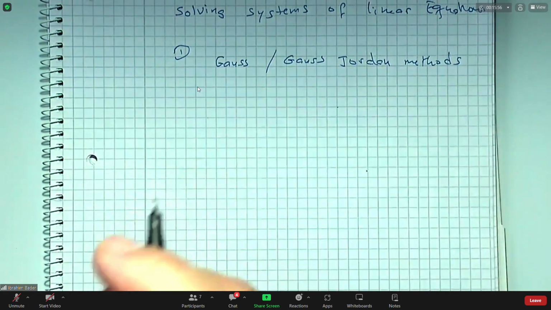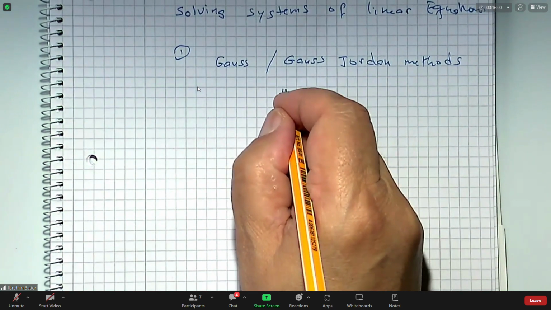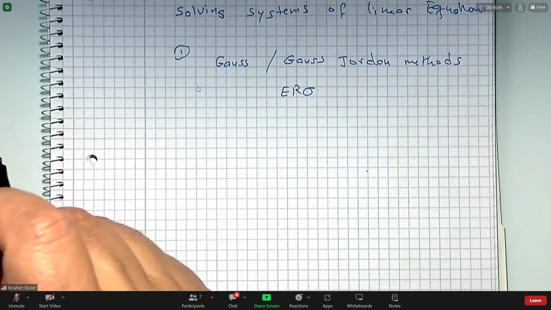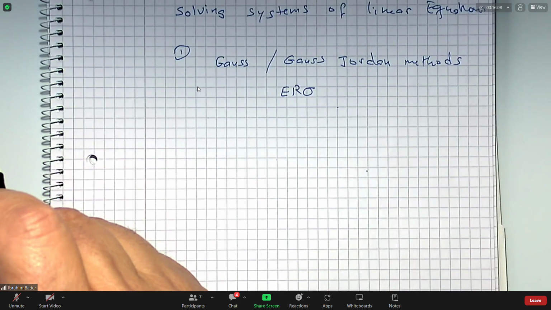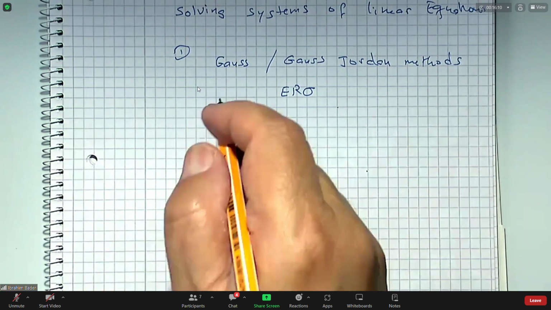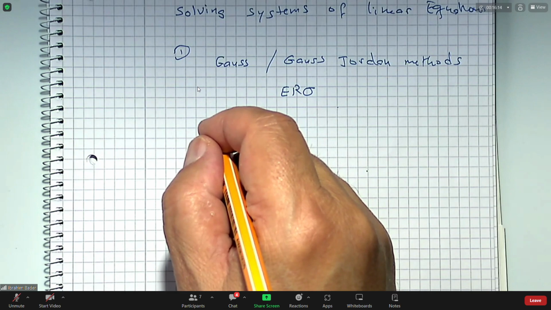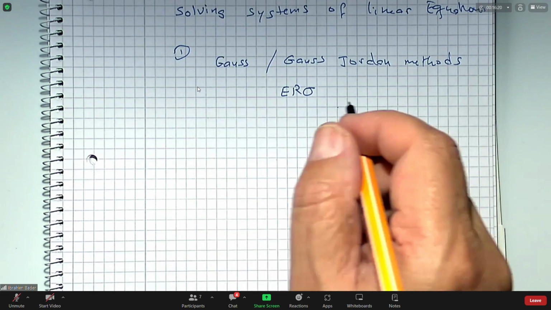And these entirely use the so-called elementary row operations that we did this morning in the tutorial, second assignment. In the Gauss elimination method, you just reduce to an upper triangular matrix that we call the echelon form.